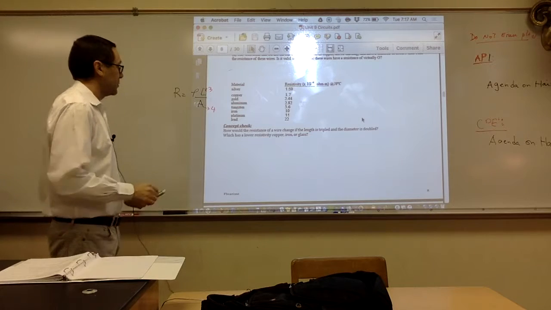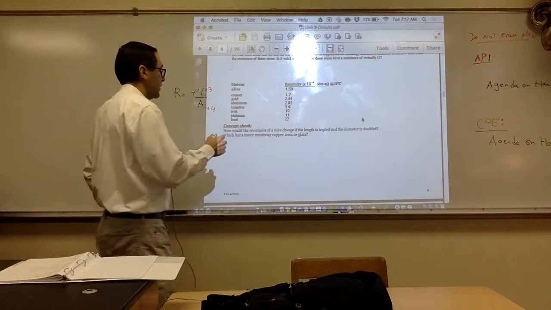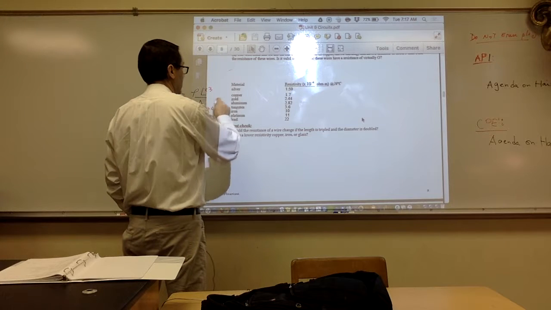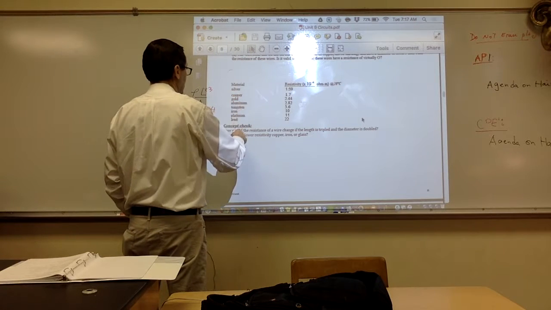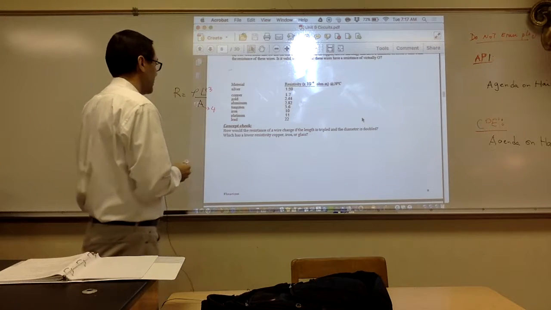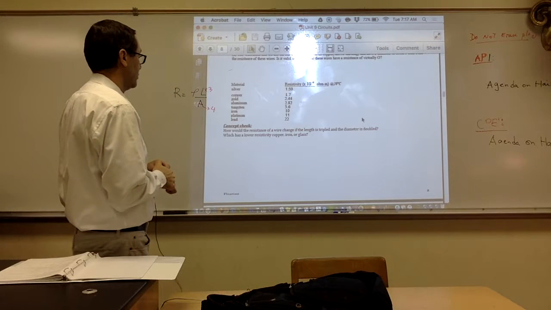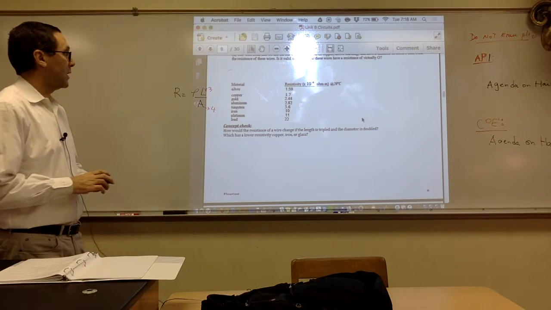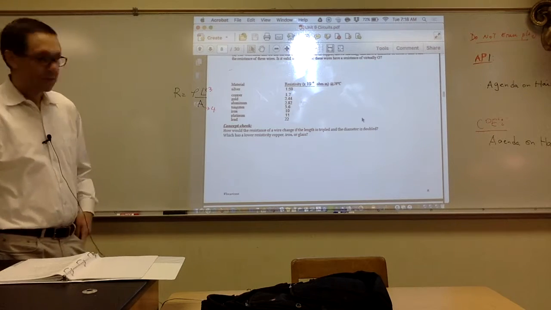Which has a lower resistivity, copper, iron, or glass? Well, all you have to do is look at the table here. So copper is lower than iron, and glass is not even a conductor. So technically, we say that it has an extremely high resistivity because it doesn't conduct.